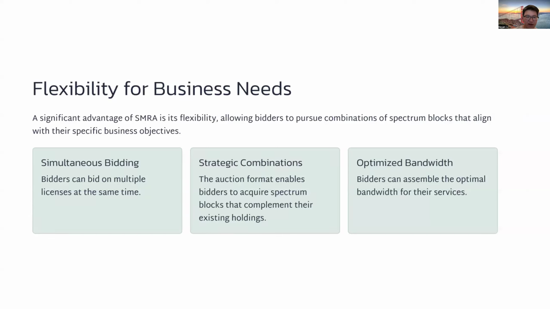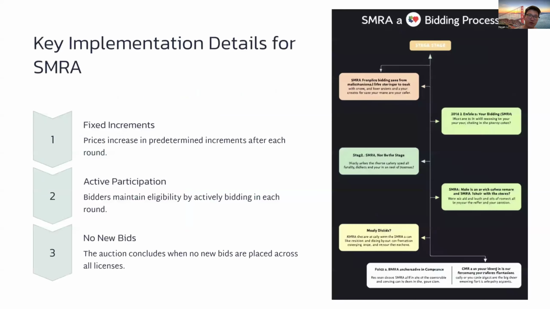A significant advantage of SMRA is flexibility, allowing buyers to pursue combinations of spectrum blocks that align with their specific business objectives, like simultaneous bidding and strategic combinations, and optimized bandwidth, where bidders can assemble the optimal bandwidth for their services, which is really cool.